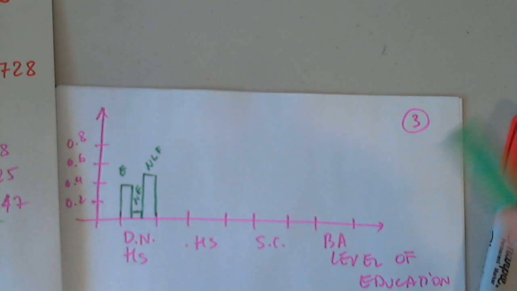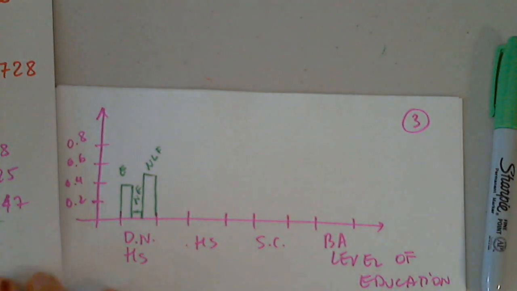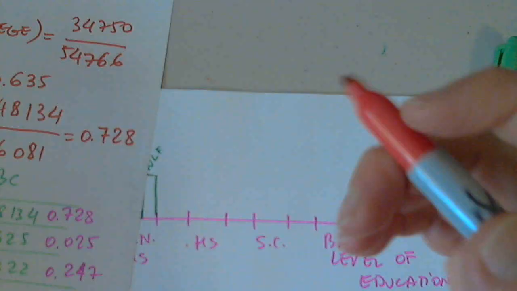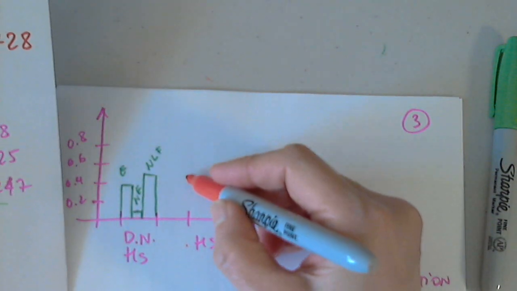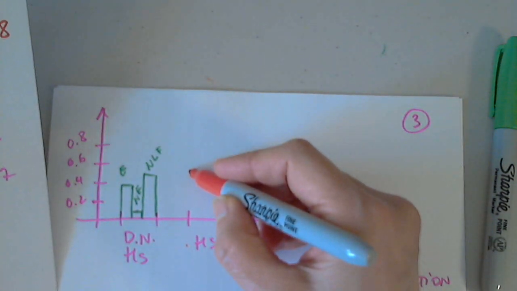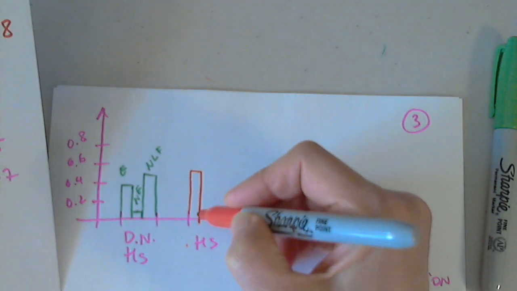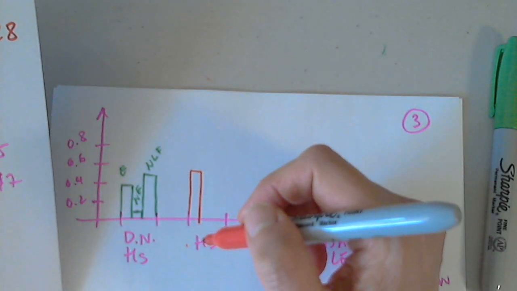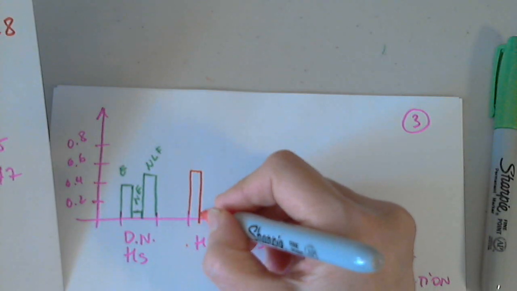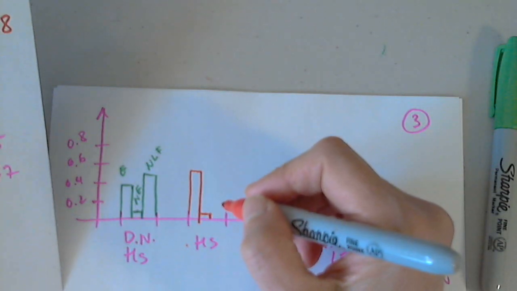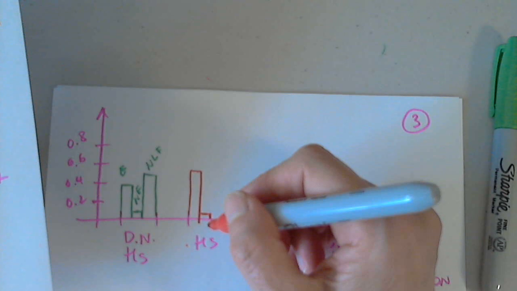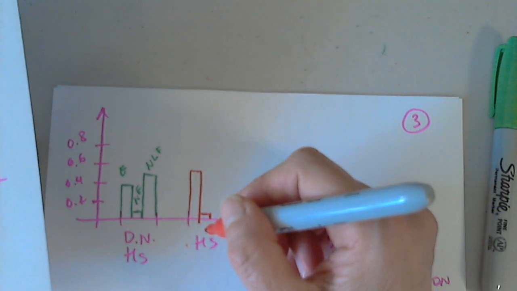Okay, moving on to high school. High school, employed, 53%, has to be higher. Then unemployed, tiny. And then the last one, 58%.